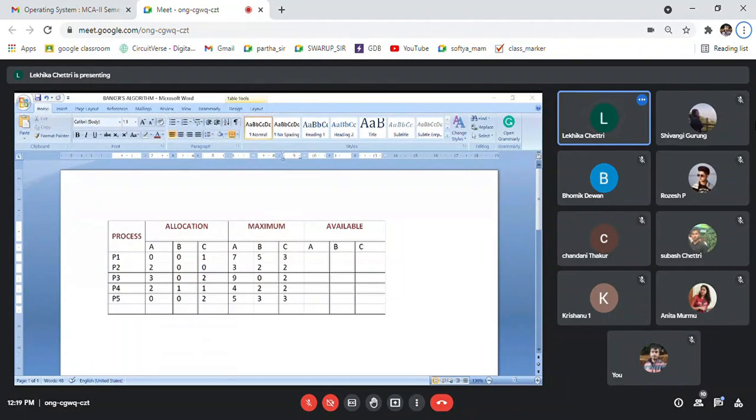After that we studied deadlock avoidance.